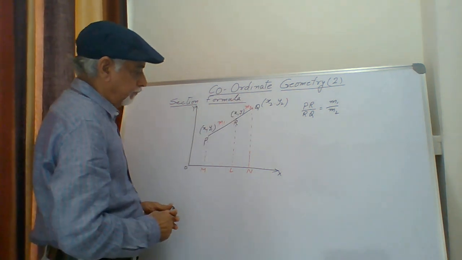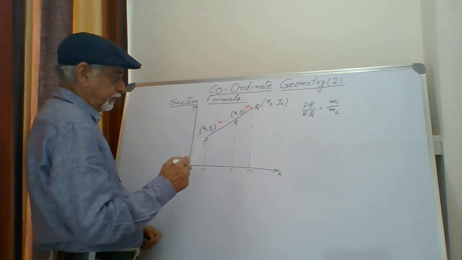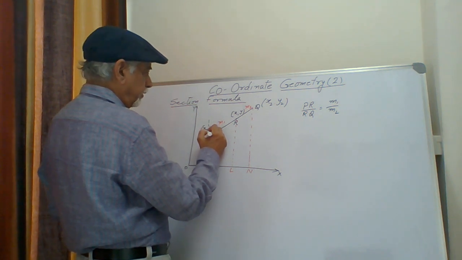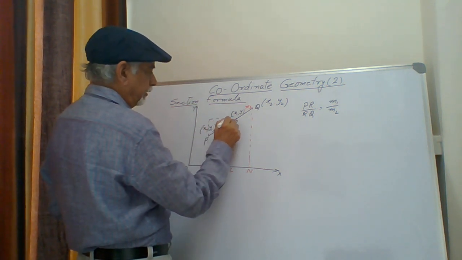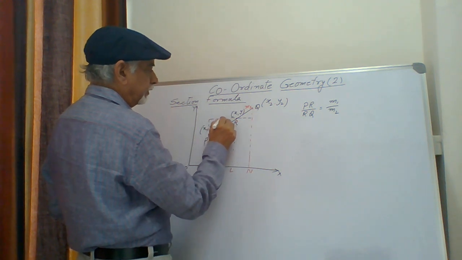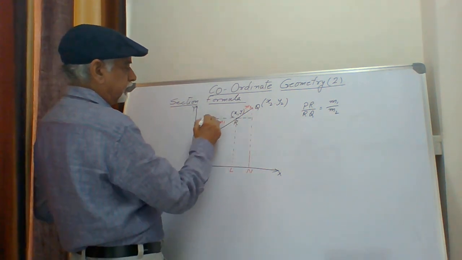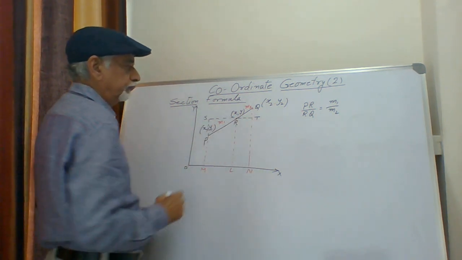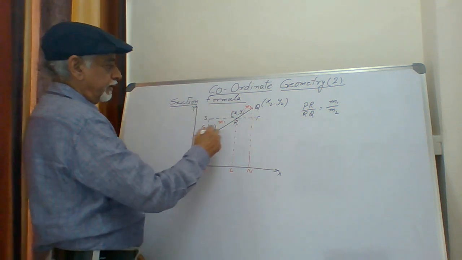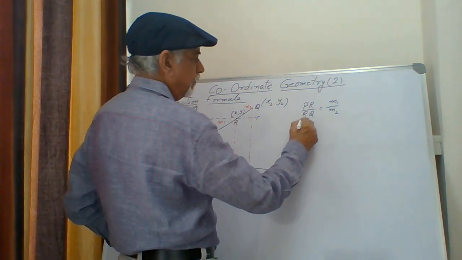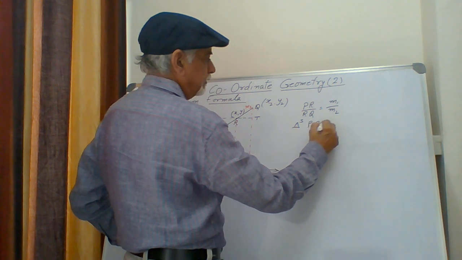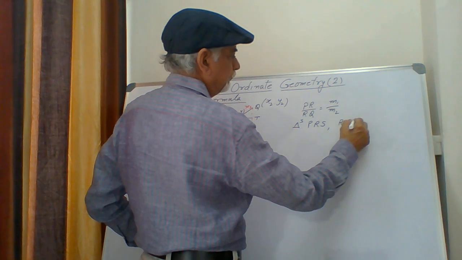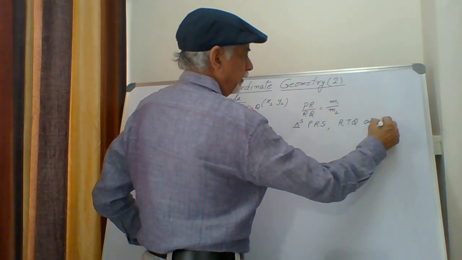After drawing this perpendicular, what we also can do is draw a line parallel to the x-axis passing through the point R, and let us call these points S and T. Now we have triangles PRS and RTQ, which are similar.